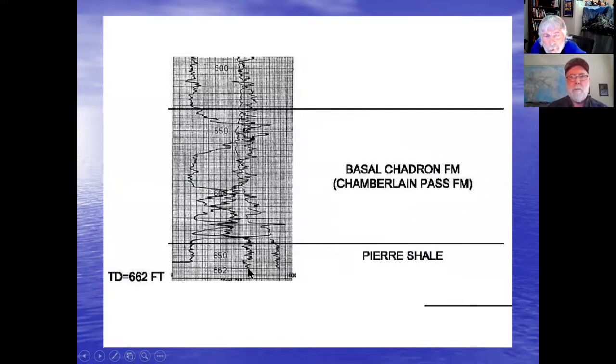And then the indication from the logs, both gamma ray and resistivity, shows the top right here of the Pierre Shale. As John mentioned, we found this to be our good point to hang our logs. This was a known point. And then another known point here, the top of the basal Chadron, where this gamma ray had that uranium hit.